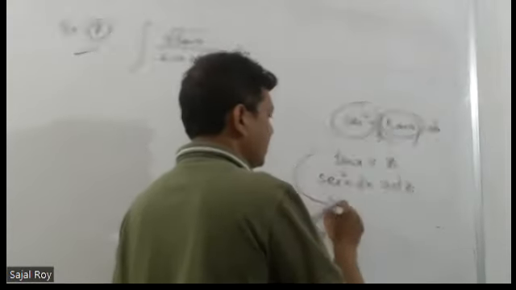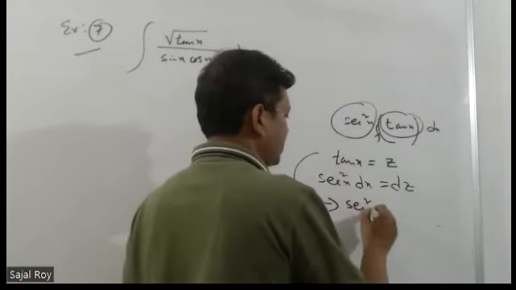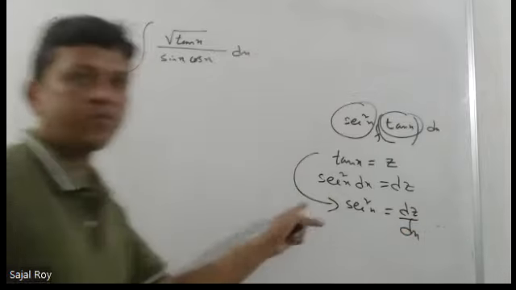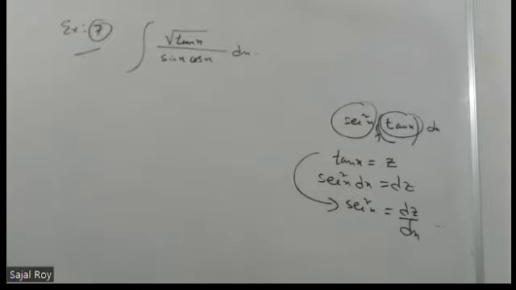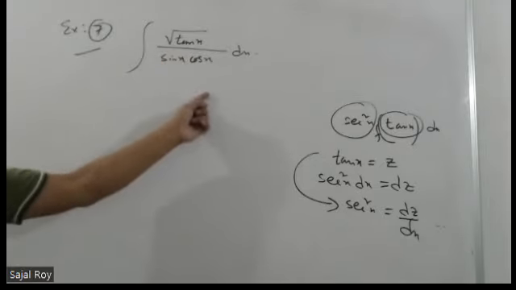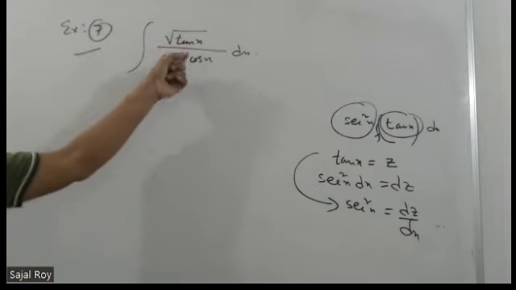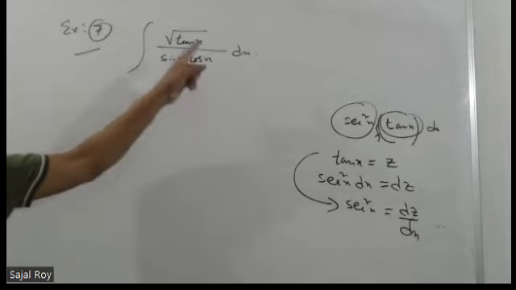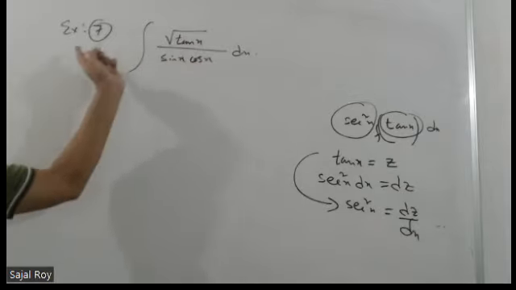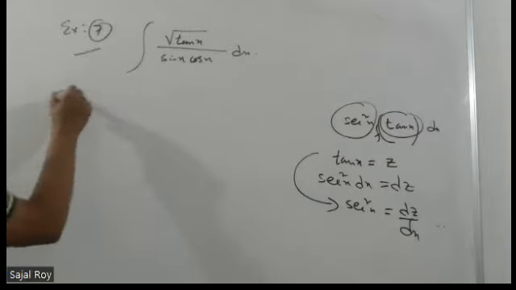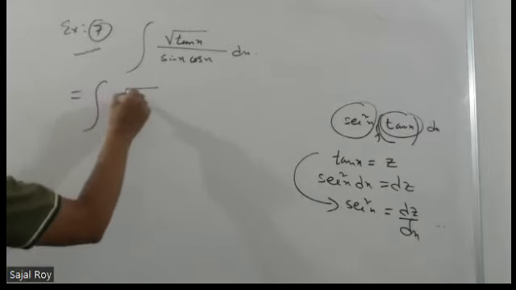In this problem also, you have a mixture of tan x and sin x cos x. Tan x is already there, so you have to bring in sec square x somehow. So let us multiply the numerator and denominator by sec square x.